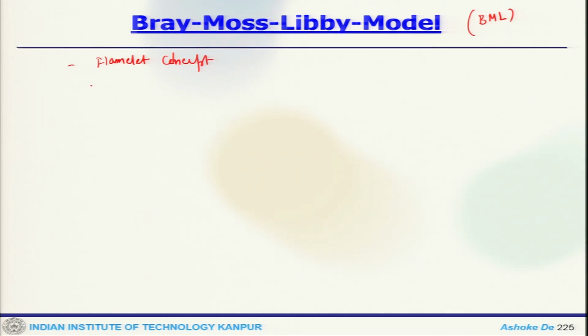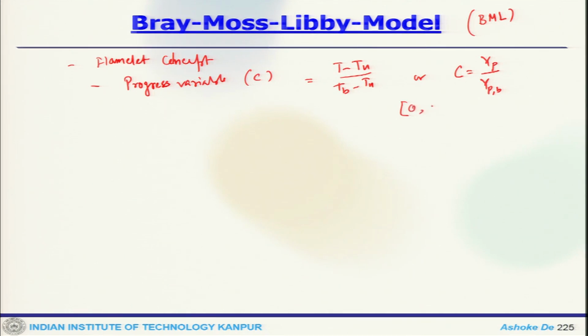In the BML model, we solve for a progress variable, which is known as C. Either C is defined in terms of temperature, T minus T unburned by T burned minus T unburned, or C can be defined in terms of the product mass fraction, so that it scales between 0 to 1.